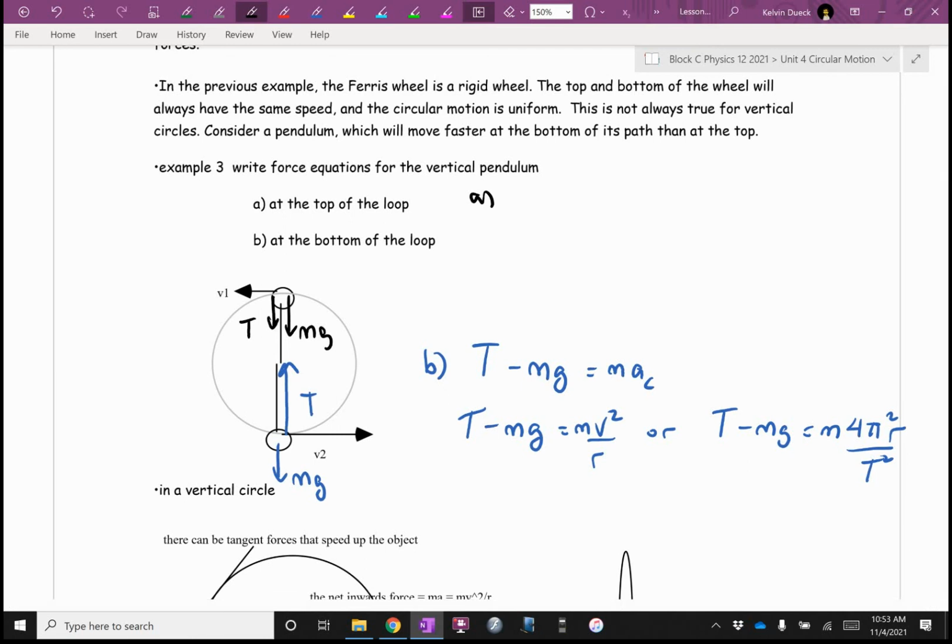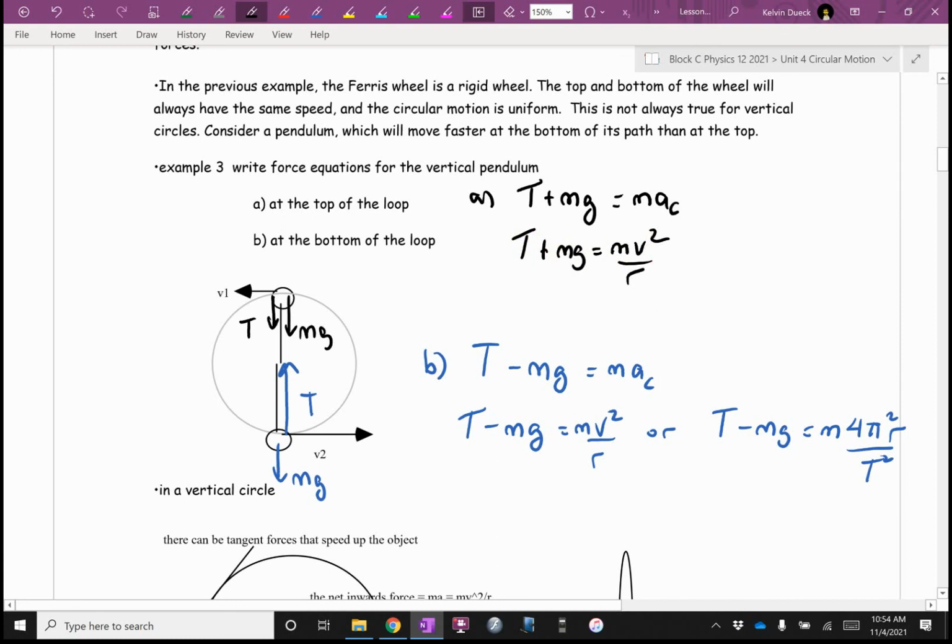Who's winning? What? They both are. Okay? So my equation is going to be tension plus mg, winner plus winner equals MAC. My equation is going to be tension plus mg equals mv squared over r, or the other one.